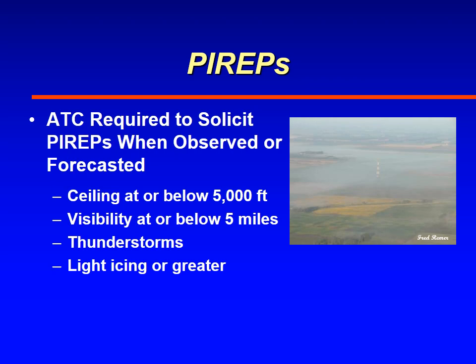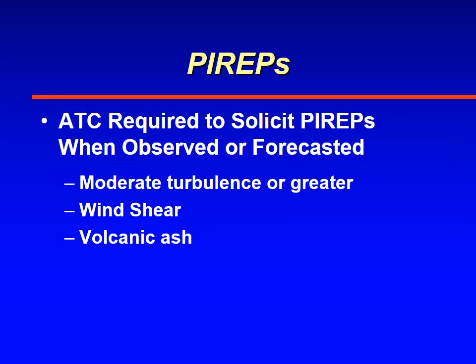However, according to some of the regulations for air traffic control, they're required to solicit pilot reports when these conditions are met: when the ceiling's below 5,000 feet, when visibility is below 5 miles, when thunderstorms are forecast or they are occurring, when there's light icing or greater intensity, also when there is moderate or greater turbulence, if there is forecasted or occurring wind shear, and also volcanic ash. Those are when ATC will start asking for pilot reports.